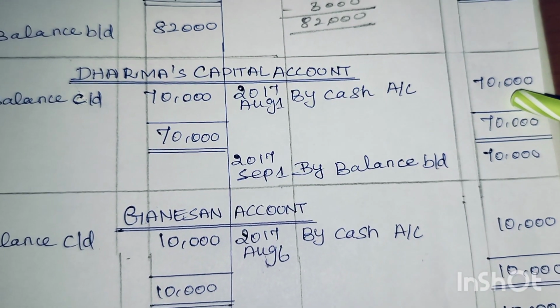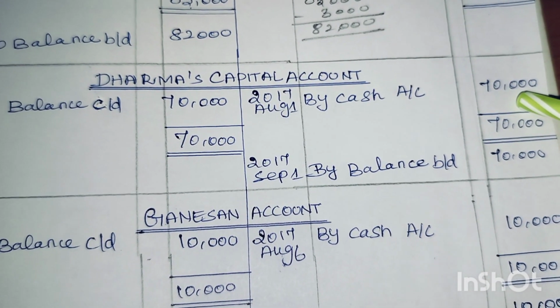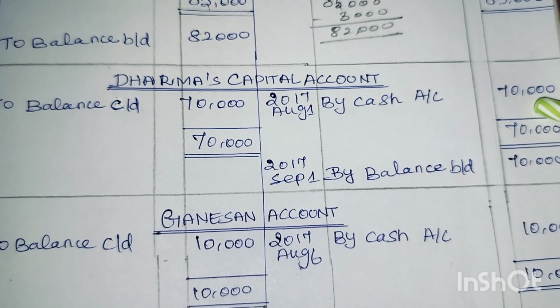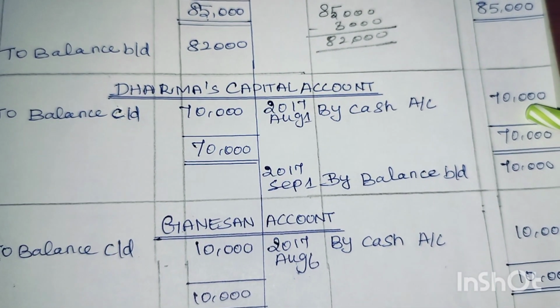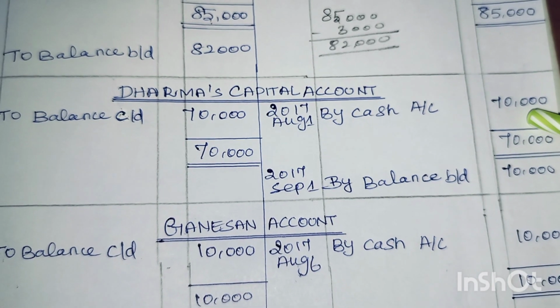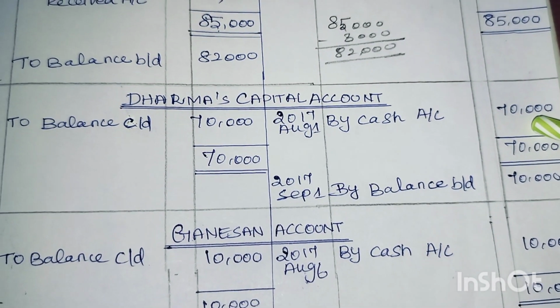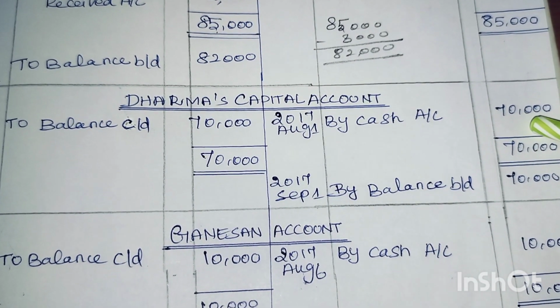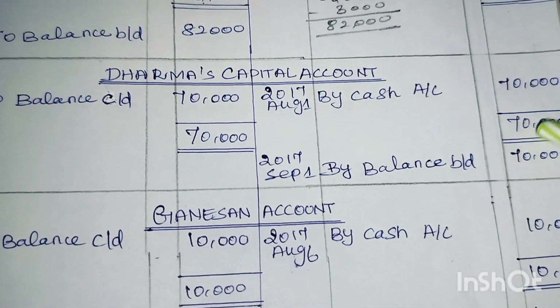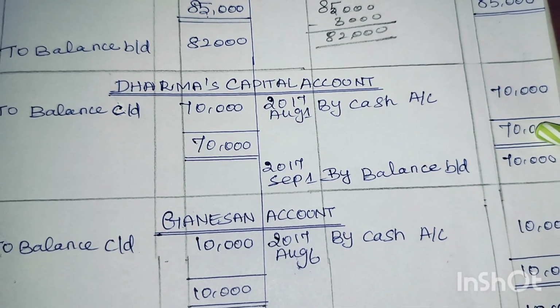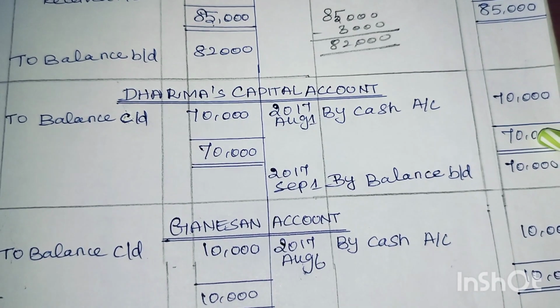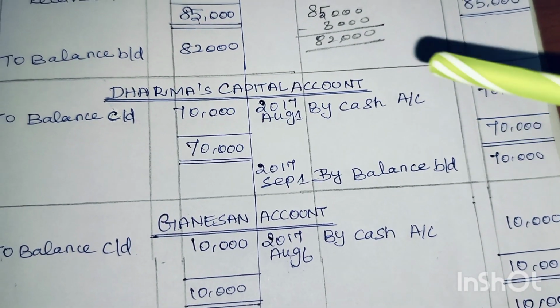Does any other Dharma's capital transaction appear in the journal entry? No. There is only one capital transaction. So we have to close it and total it. Before that, we check which side has the higher value, debit or credit.